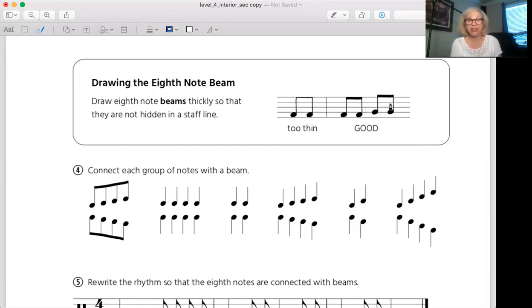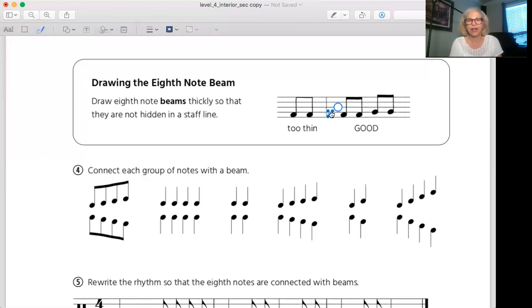Now, to be honest, it's not really a problem when your 8th notes go up, because then you will slant the beam. So for example, what if I had a note here and I had a note way up here like this?